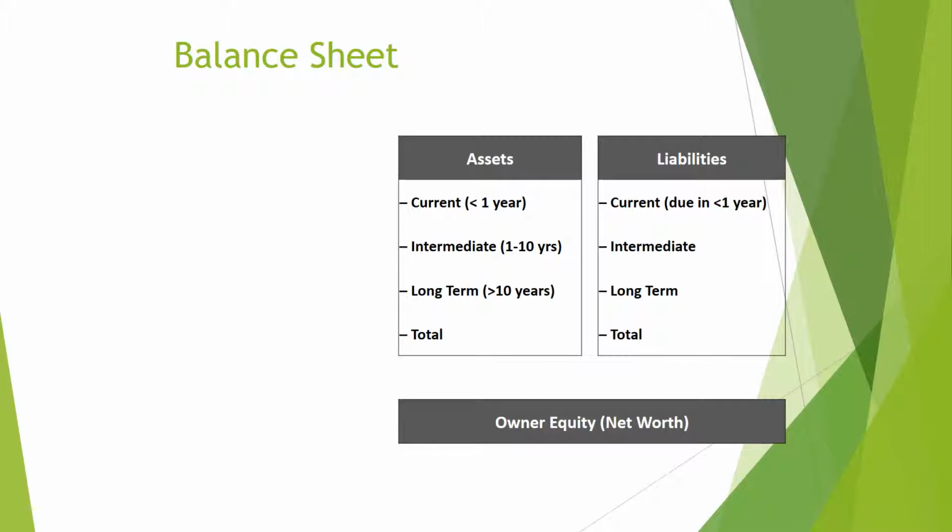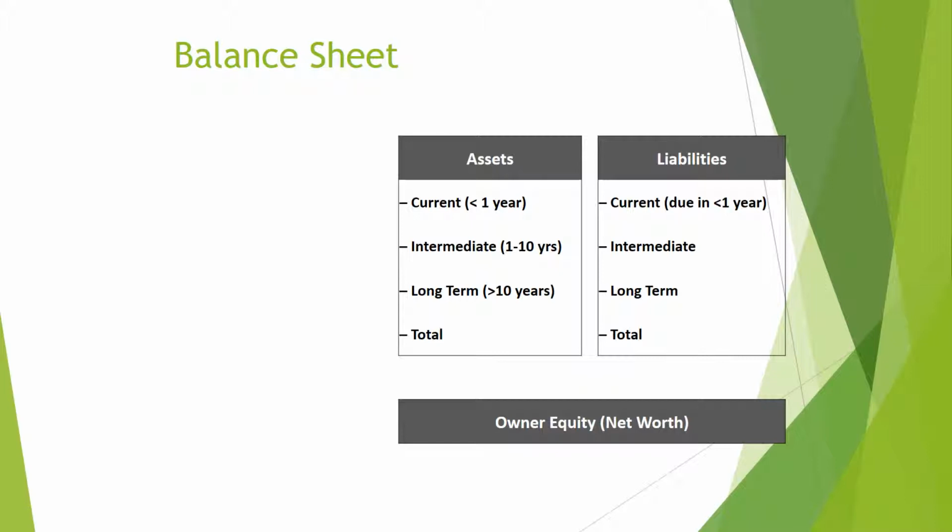Once again, remember that this is really showing us the financial snapshot of a business at a specific period of time. The structure of the balance sheet is always set up as we're looking at here on this slide. On the left side, you have your assets. Assets are things that you own.